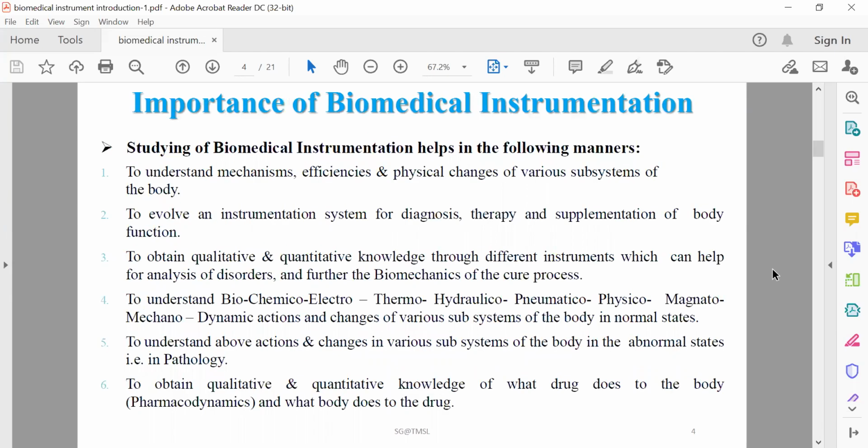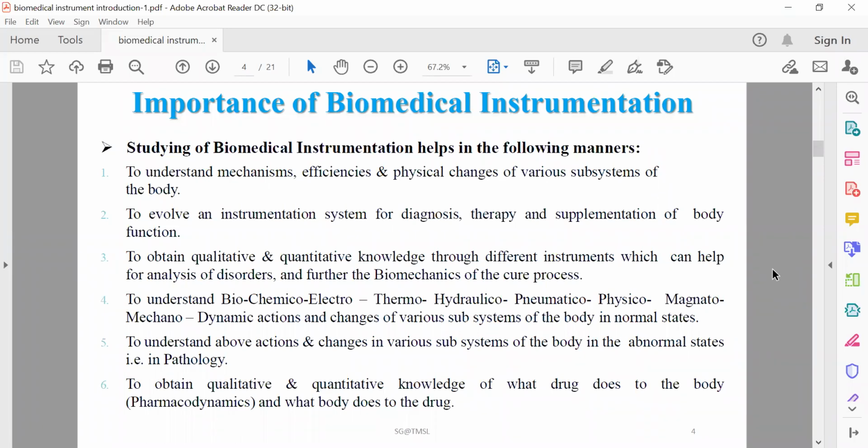So moving on to the next slide: what is the importance of biomedical instrumentation? Studying biomedical instrumentation helps in the following ways. The first is to understand the mechanisms, efficiencies, and physical challenges or changes of various subsystems of the body.